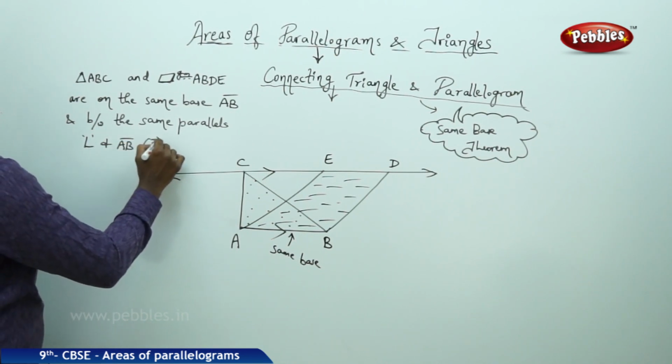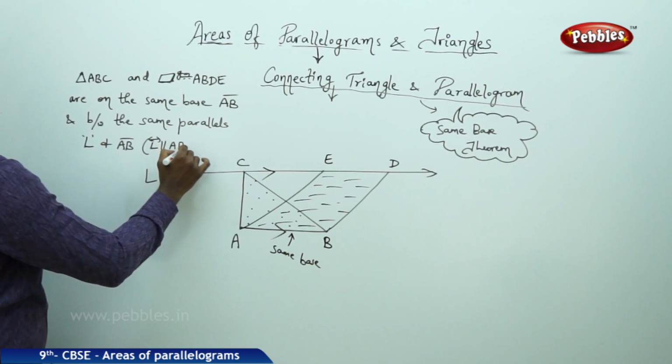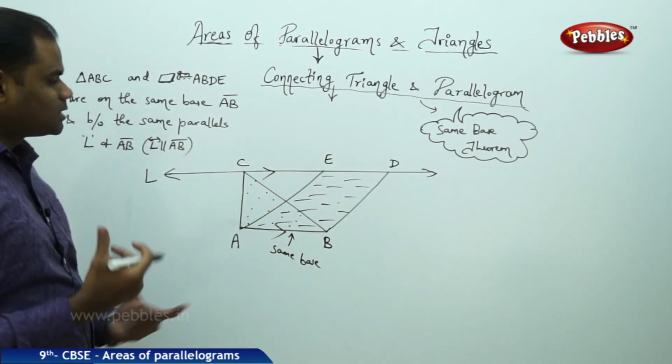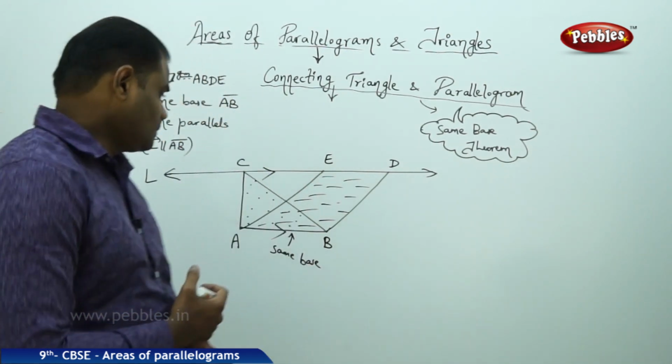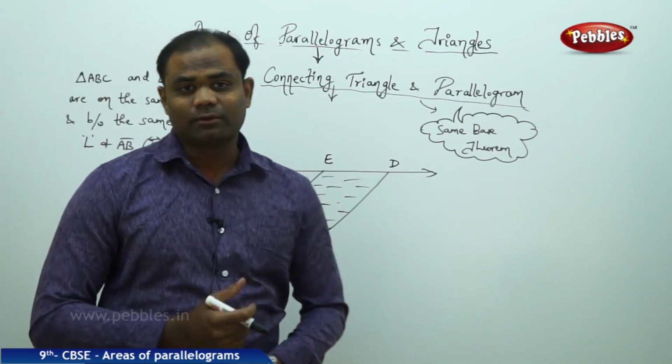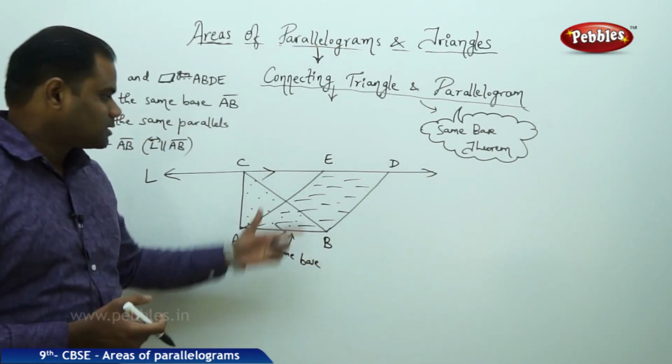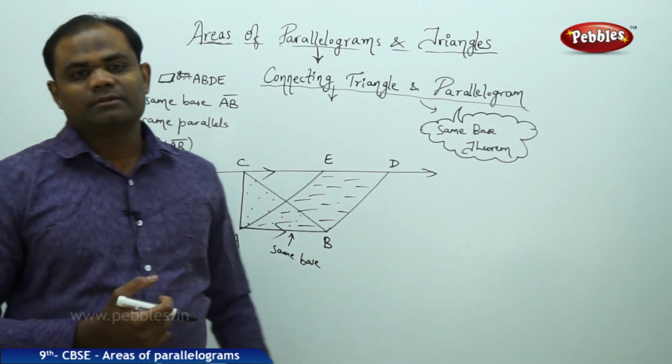That is the line L, which is parallel to AB, is how we understand a triangle and a parallelogram on the same base and between same parallels.